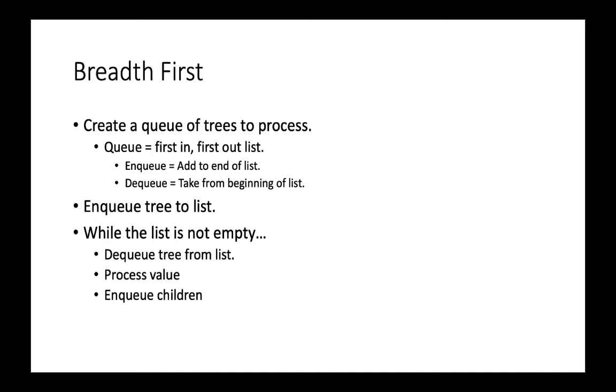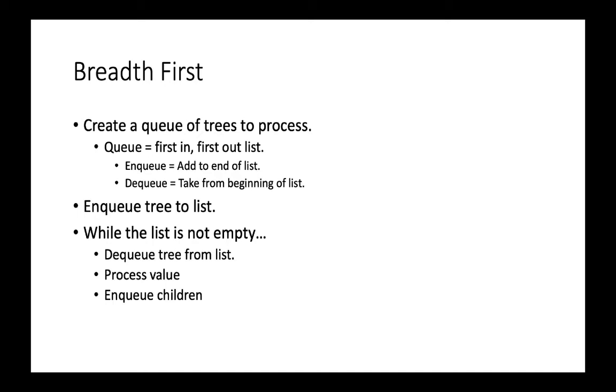You use a getter to get the left tree, and you put it into the queue. And you get the right out of the tree, and you put it into the queue. You're not taking it out in the sense that it's still there inside the tree. You're asking for its reference. You say get left, get right, and then you put it into the queue. And now you're done with your while loop, and you go back to the top and say, is there something in the list? And if there is, you just repeat this process over and over again.